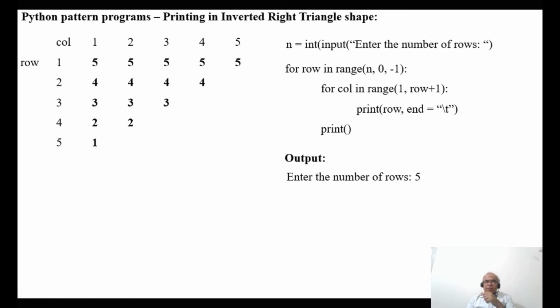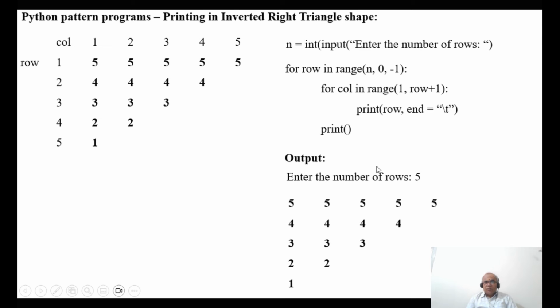If you print the column number, then it becomes 1, 2, 3, 4, 5, then 1, 2, 3, 4, then 1, 2, 3, then 1, 2, then 1. If you want to print the column, it would be column. But since you have to print the row numbers, because in row 3 all are 3, it should be row. That is the reason why you are printing row here.